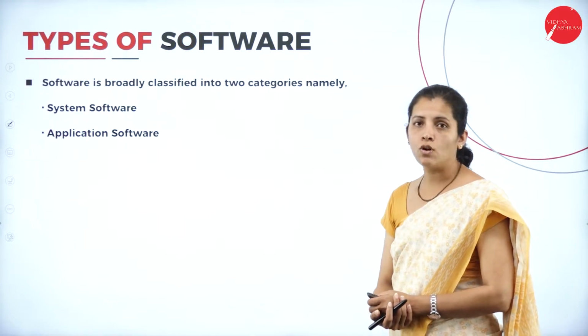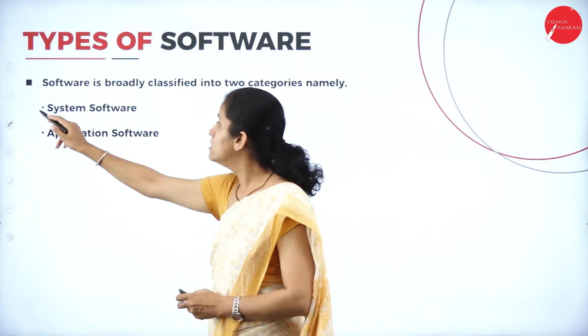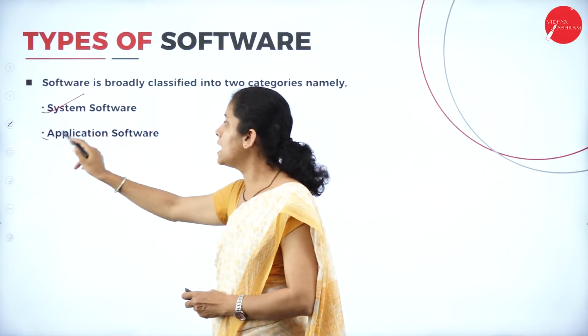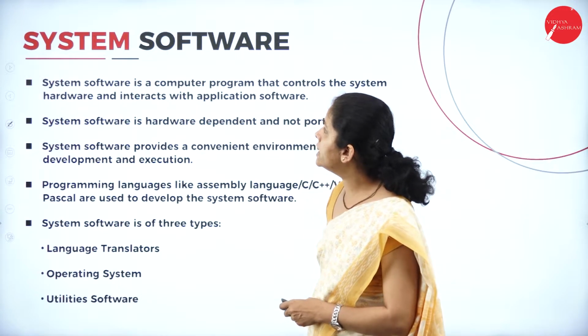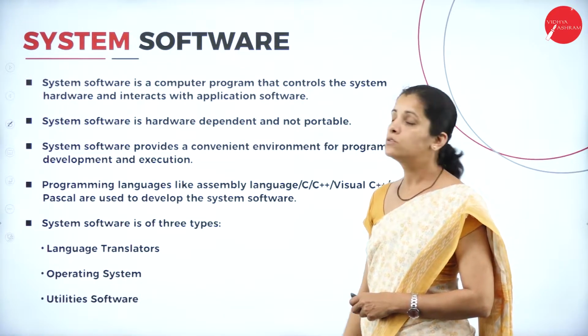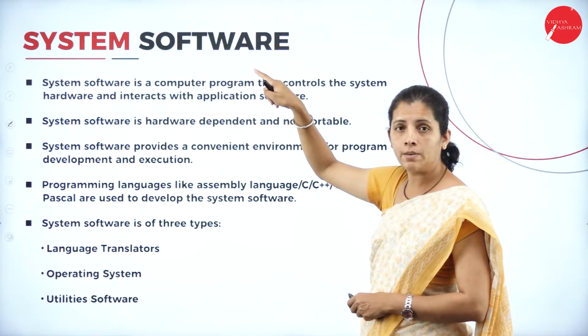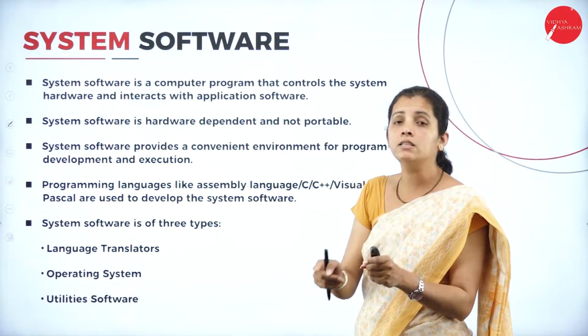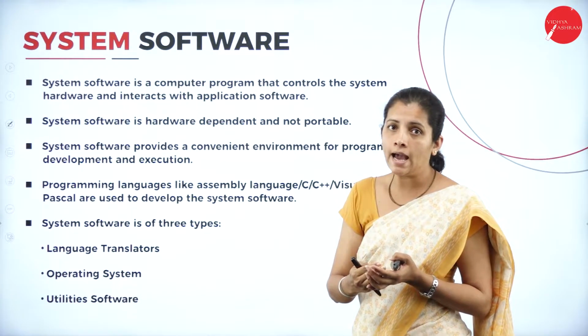If I consider software, softwares are categorized into two types: system software as well as application software. Anyway, dear student, let's see what is system software. The name itself indicates that system, that means computer requires some software to perform its functionality.